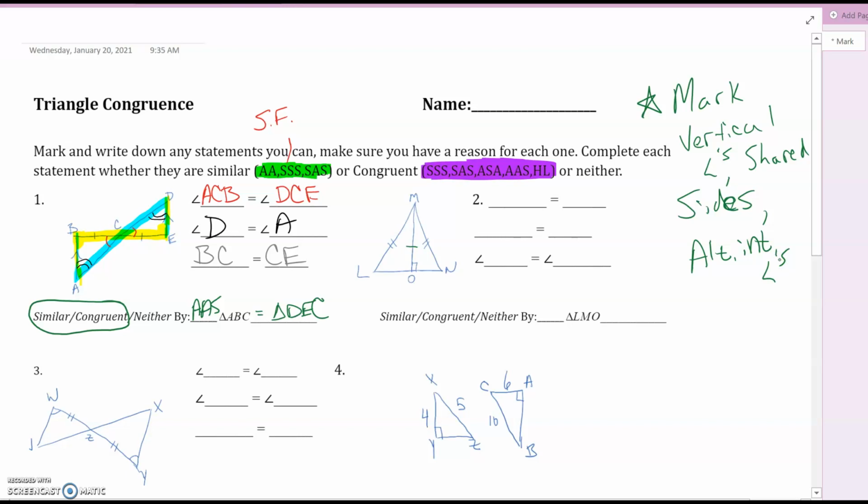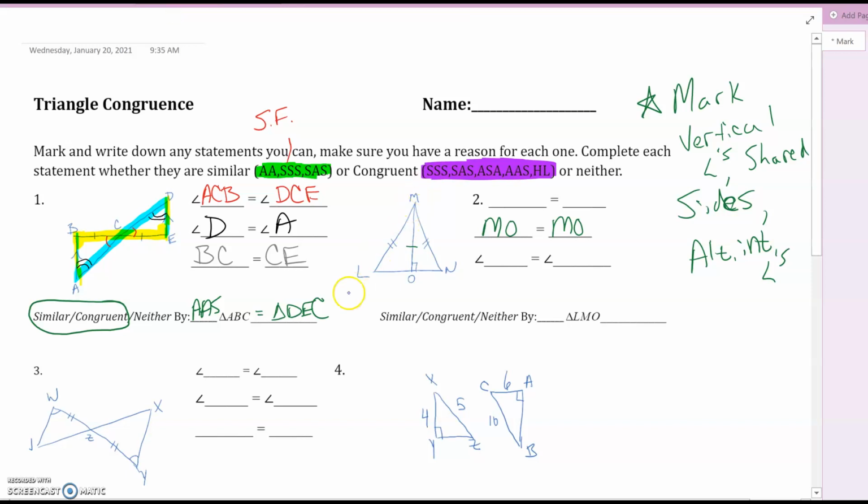Those are 3 things that we can mark. Since it is a shared side, I'm going to say MO equals MO. And you could put this on the top part. That just means that MO is in common between both triangles. MO is the same length in my left triangle as in the right triangle. Looks a little weird.